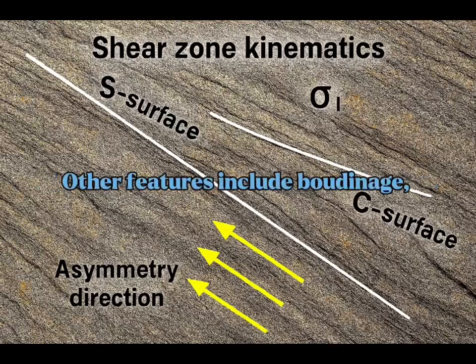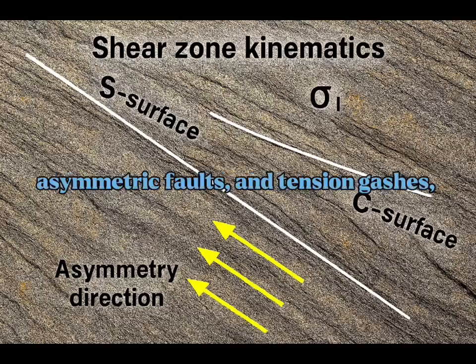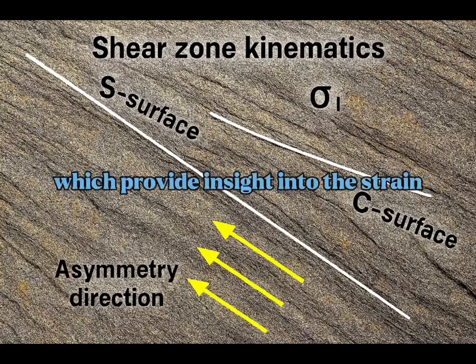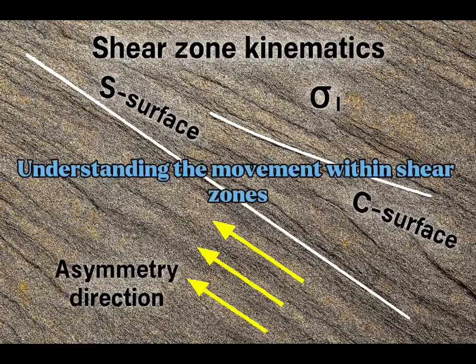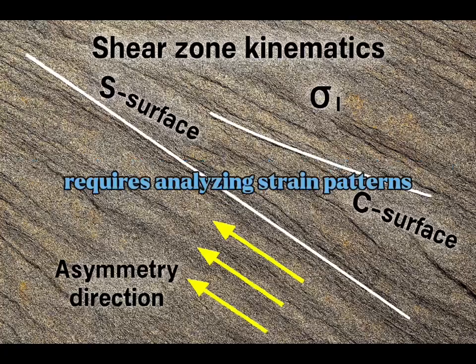Other features include boudinage, asymmetric folds, and tension gashes, which provide insight into the strain intensity and deformation history of the rocks. Understanding the movement within shear zones requires analyzing strain patterns and kinematics.